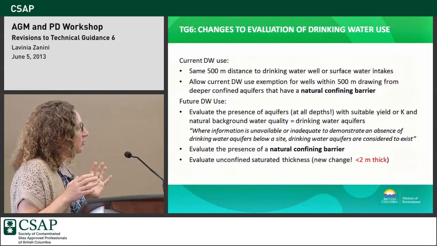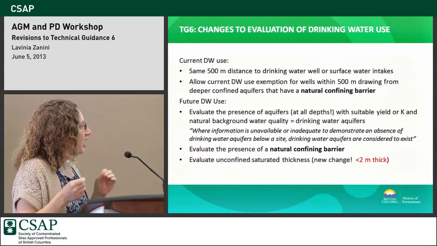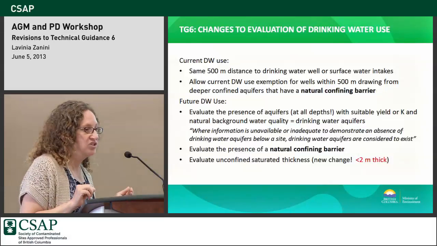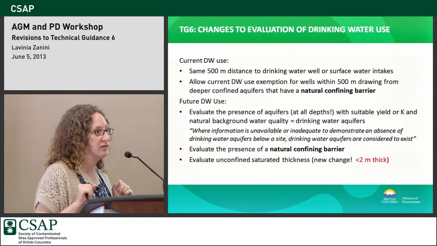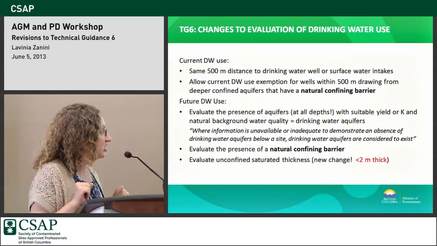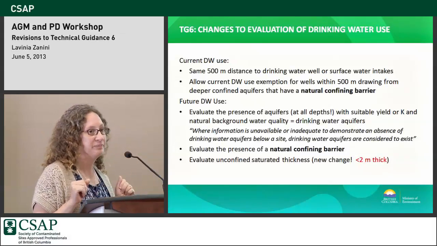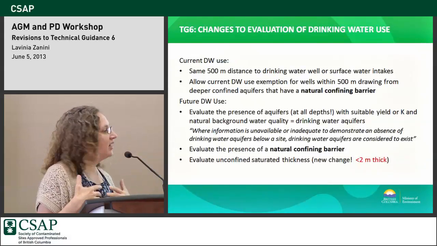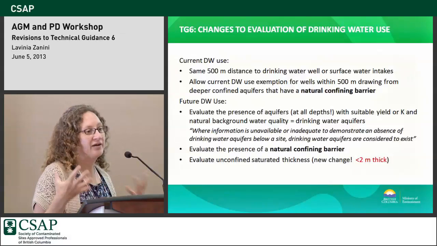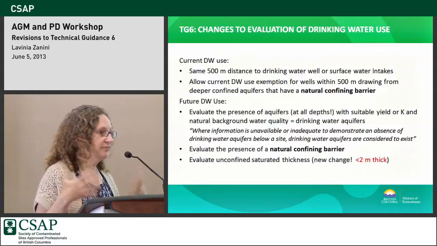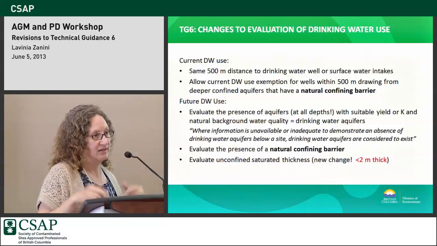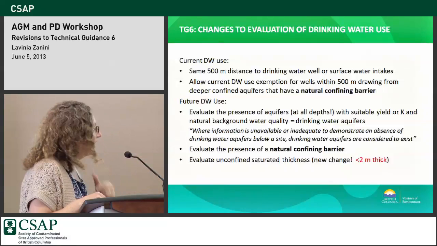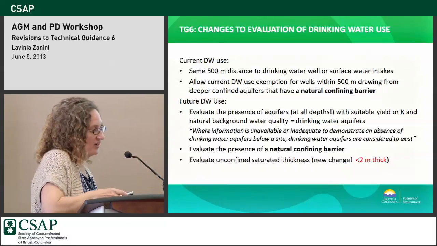The new change is we used to have that unconfined aquifers that were on average less than 1 meter thick were not considered suitable for drinking water use. We're changing that to 2 meters to incorporate all those sites where you have fill on top of a clay, and you've created this aquifer in contaminated fill. Anyways, that's a nice new change.